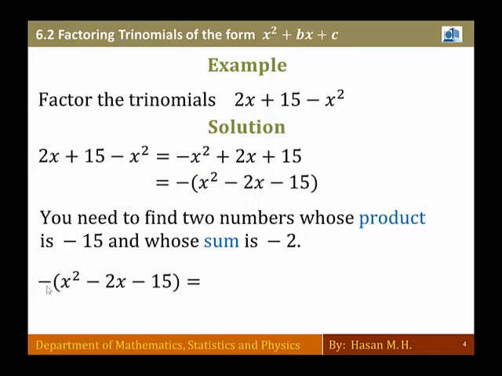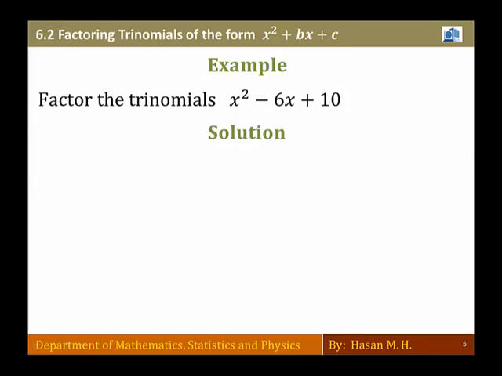Therefore, negative times open parentheses x squared minus 2x minus 15 close parentheses equals negative times open parentheses x plus 3 close parentheses times open parentheses x minus 5 close parentheses.